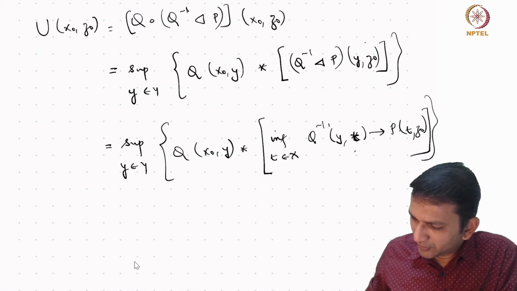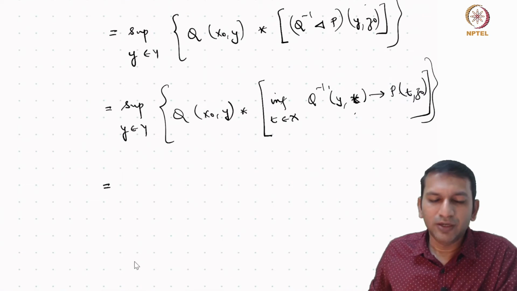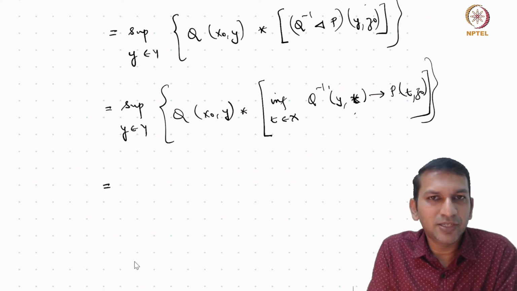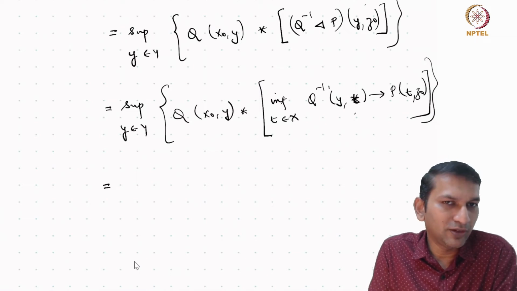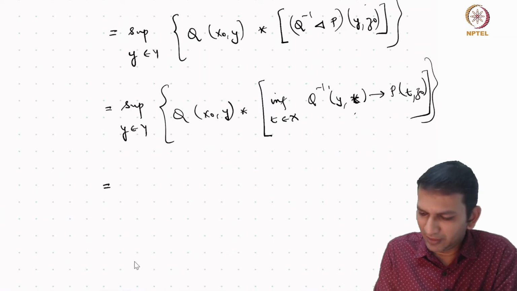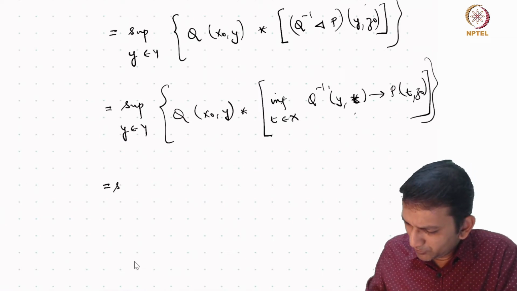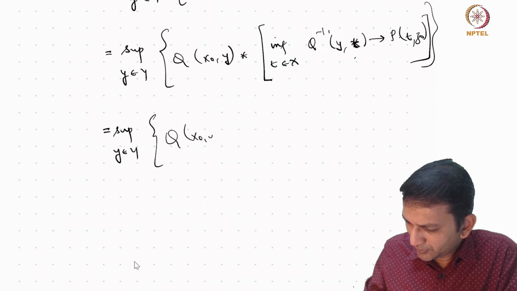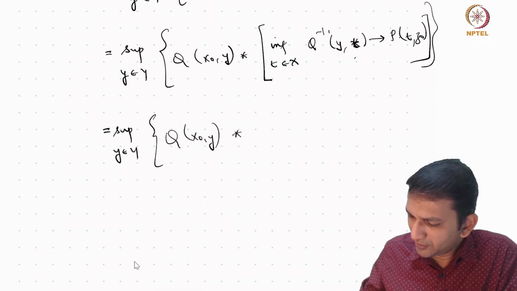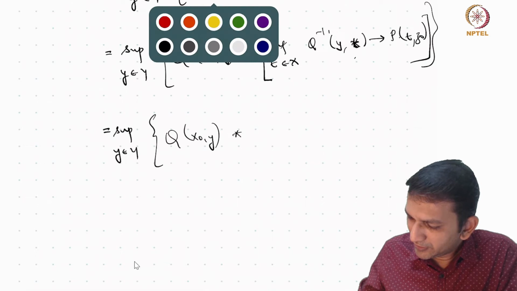Now, let's do a similar algebraic manipulation as we have done in the previous lecture, where we considered the kernel of A separately, the support of the kernel of A separately, and the rest of them separately. So we could write this as supremum over y of Q of x0, y star, with an infimum divided into two parts.